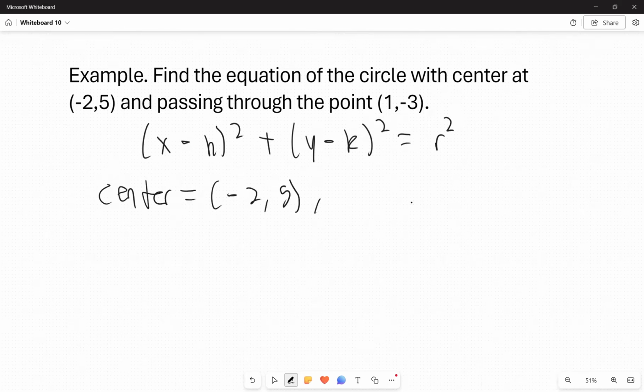So we know that h is negative 2 and k is 5. And we also know some point, 1, negative 3.